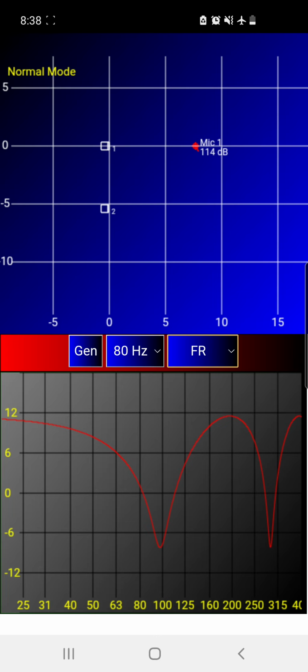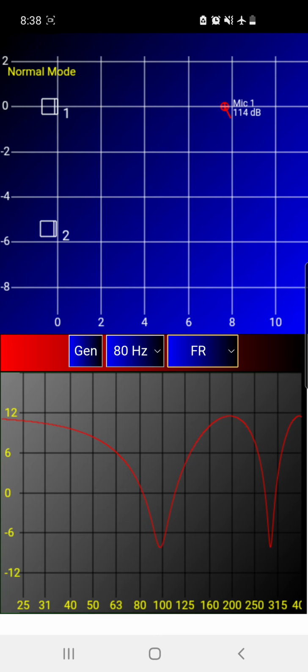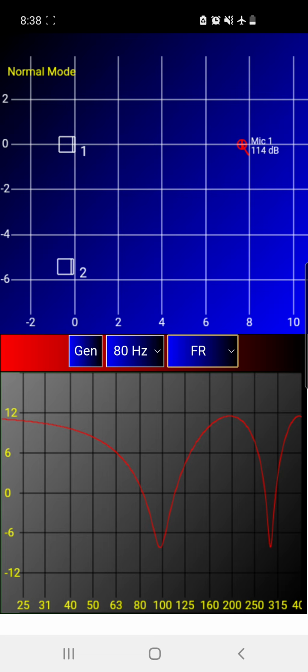For example, I have 2 speakers in this situation, and I have that microphone location. I will get this horrible dip at 100 hertz, no matter what real-world sub I am using. Let's remember we have a 100 hertz dip, very deep.